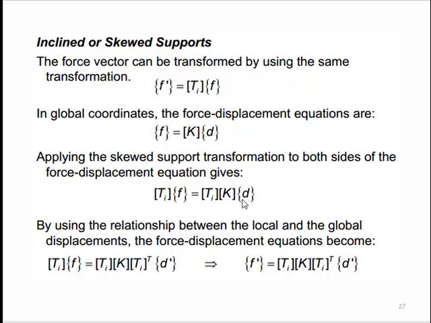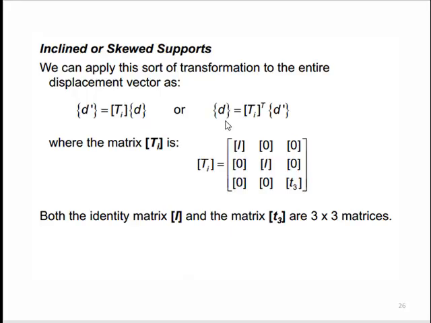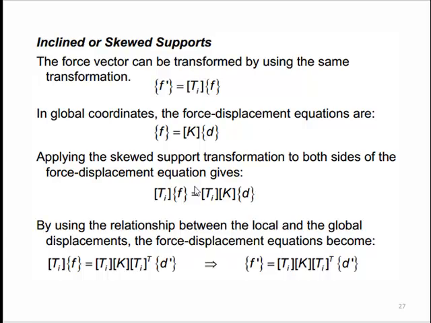This D can be replaced with Ti transpose into D prime, which we have seen in the last slide. D is equal to Ti transpose into D prime. And we know that this Ti into F is F prime. So F prime is equal to Ti K Ti transpose D prime.